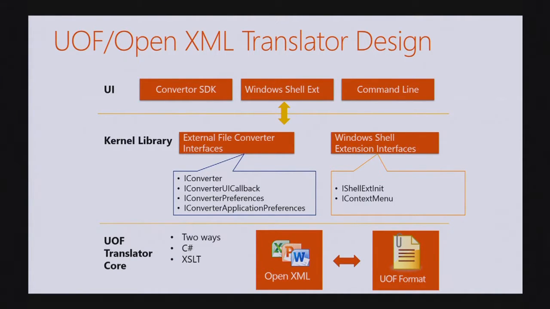The third part is the UI, where we have three. Convert XDK delegates to the Office client interfaces. And the Windows shell is the right-click. And we also have the command line. This is well used by programmers.